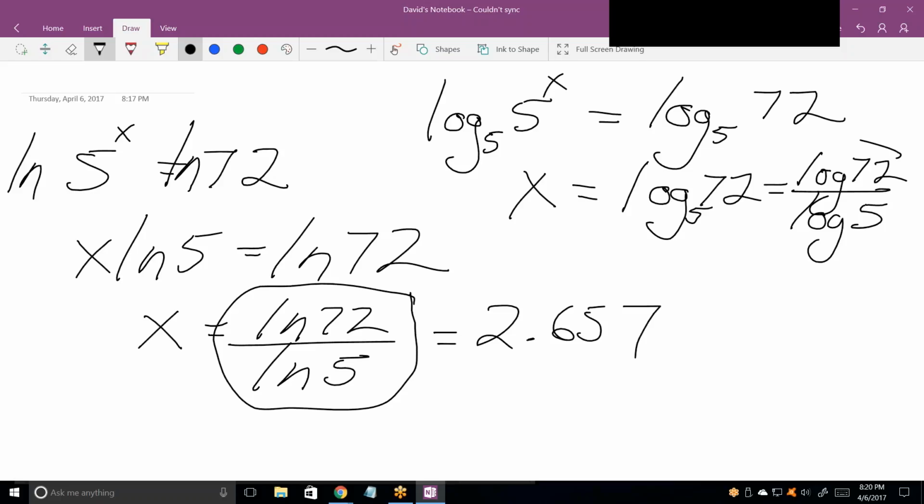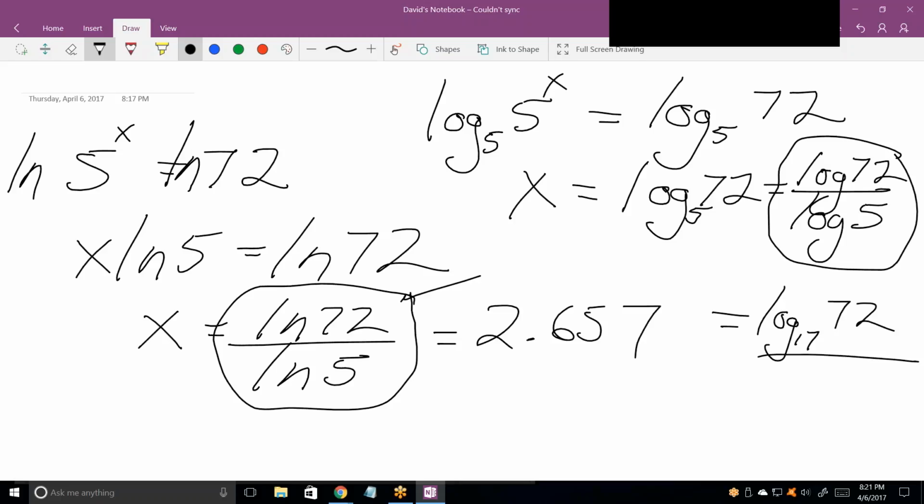You still get the same answer. Incidentally, this ratio is the same as what I got, natural log of 72 divided by natural log of 5. Those log ratios are always the same no matter what the base is. In other words, this is also equal to the log base 17 of 72 divided by the log base 17 of 5. So that's why it doesn't matter when you say take the log of both sides, which log you use, and why I always use natural log.